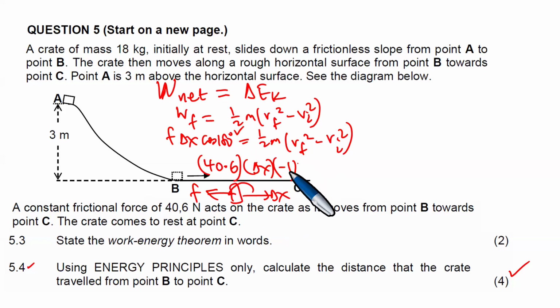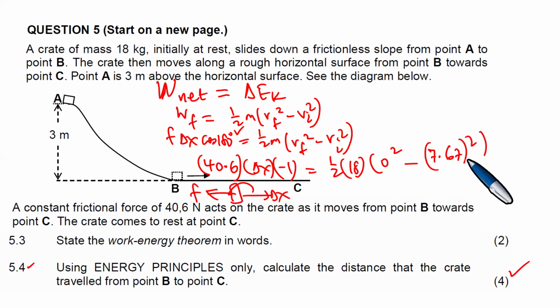And the cosine of 180 degrees is minus 1. We've halved the mass, 18 kilograms, and then we have the final velocity because it stopped.